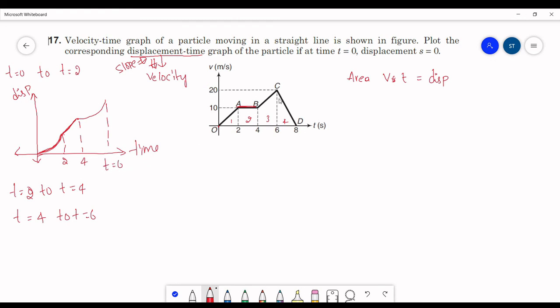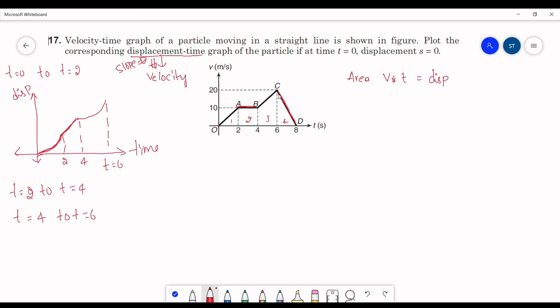Next, the last time interval, t equal to 6 to t equal to 8. Here if you see, the velocity versus time graph is a straight line and velocity is gradually decreasing. So if the velocity versus time graph is a straight line, the displacement versus time graph will be a parabola. But here we have to check whether it is an upward or downward facing parabola.